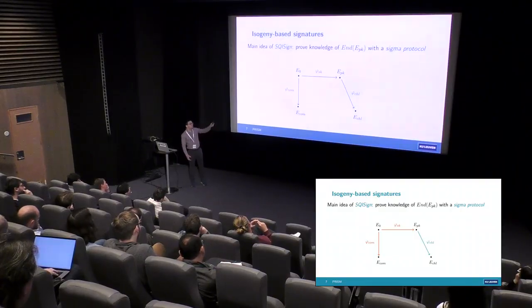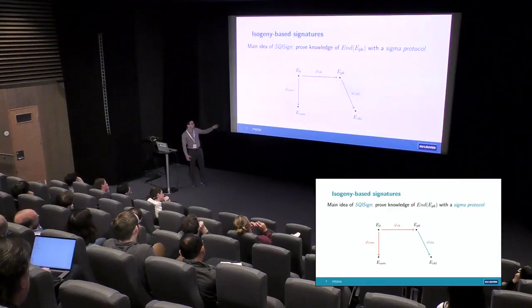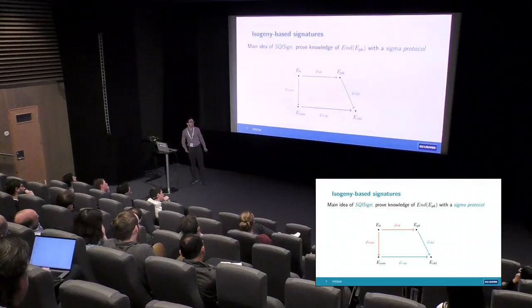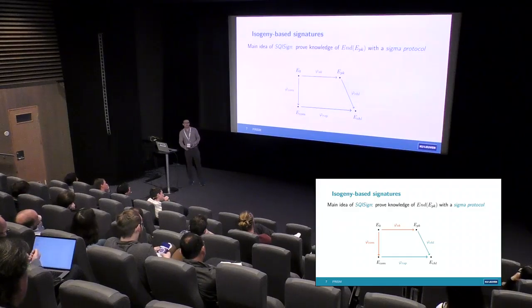Now we know the endomorphism ring of EPK, and so we can carry it around this isogeny, which is public, to the challenge. So now we know the endomorphism ring of the commitment, the endomorphism ring of the challenge. We can compute an isogeny between the two. And we are the only one who can do that, because this requires the endomorphism ring of the public key. So if we can show this isogeny, then we know the endomorphism ring of the public key. So this Sigma protocol proves knowledge of our secret key.